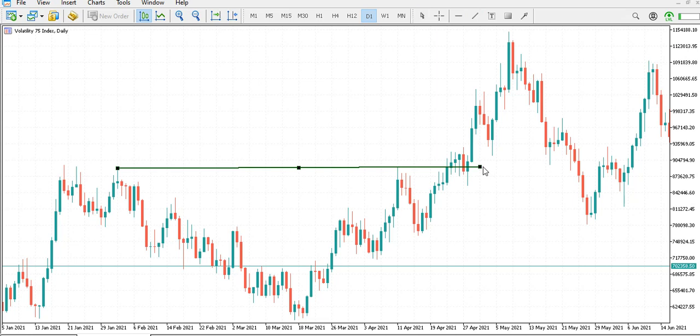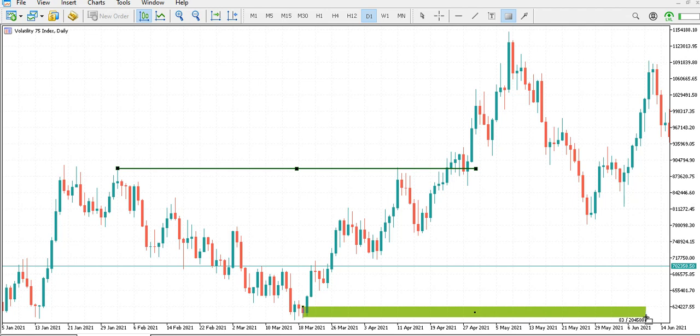Okay, we see a break of market structure here, and then where is the institutional candle? This down here. Now it's our institutional candle. Then our mitigation order block, where is it?